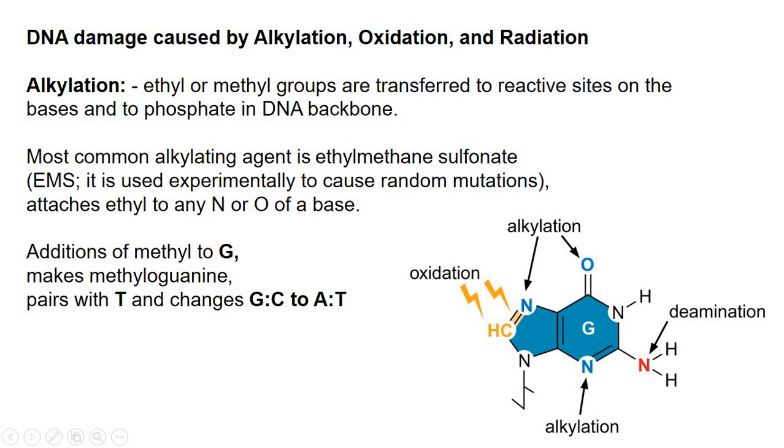An ethyl group can be attached to either an N or an O, while a methyl group will mostly attach to an N. The most common alkylating agent is ethyl methane sulfonate, or EMS for short. This was used heavily in the lab for causing experimentally random mutations. You take a lot of organisms and treat them with EMS.